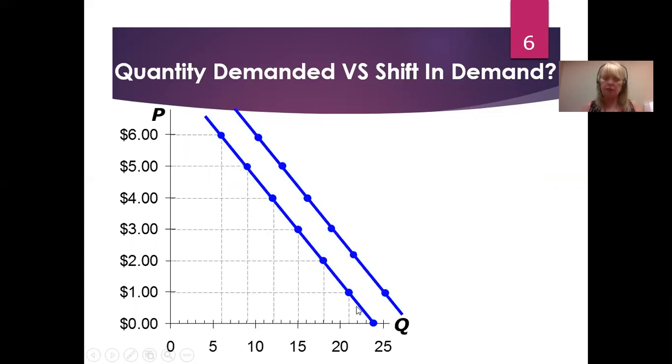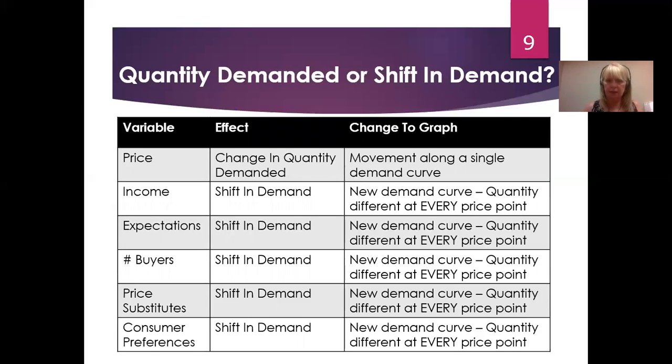But what if consumer tastes change? What if income changes? What if expectations change? These are all examples of determinants of demand. And the other ones are the price of substitutes and the number of buyers.